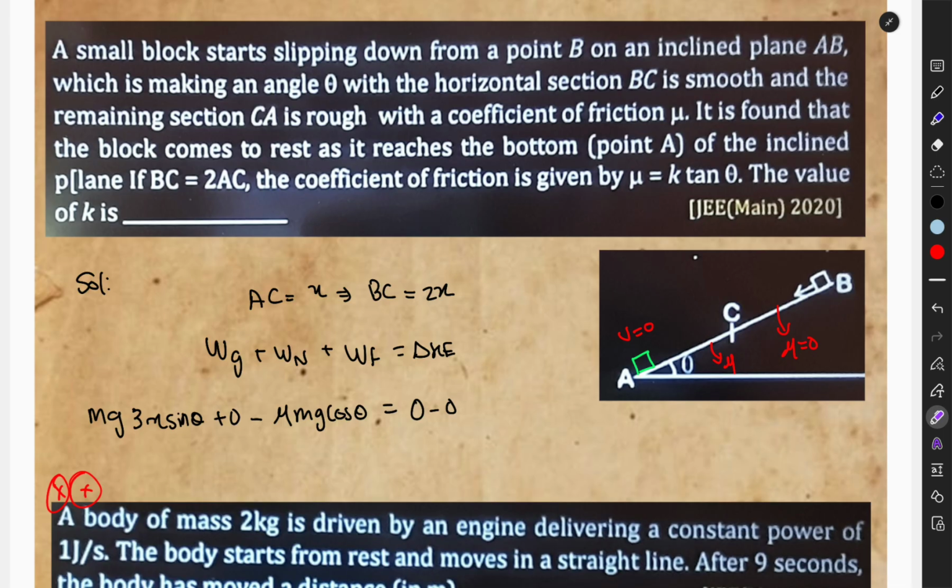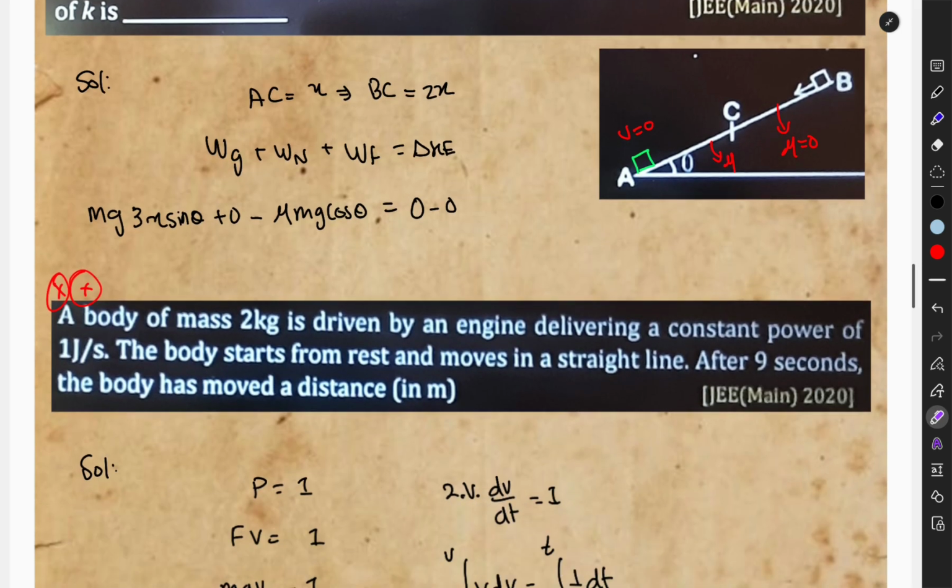Sorry, here I think I left something, multiplied by the distance. It's going to cover this distance, which is 2x, right? So multiplied by 2x, which is equal to 0. You can find the answer by shifting the variables. I think you will get the answer.